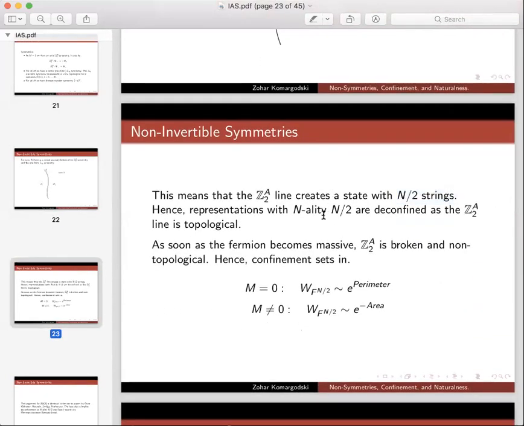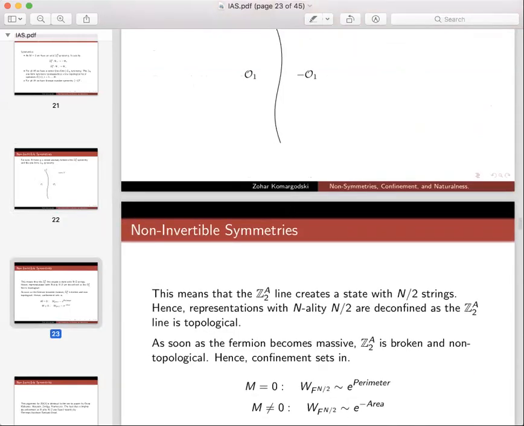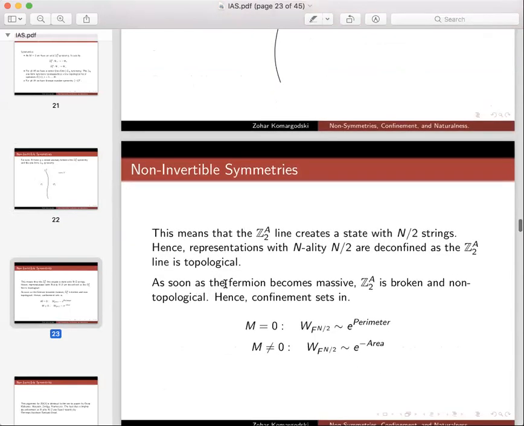And this leads to a surprising outcome, which is that the Wilson line in the representation which has n/2 boxes has a perimeter law. Why is that true? Because if you can create n/2 strings with a topological operator, that means that the strings cannot be confined.